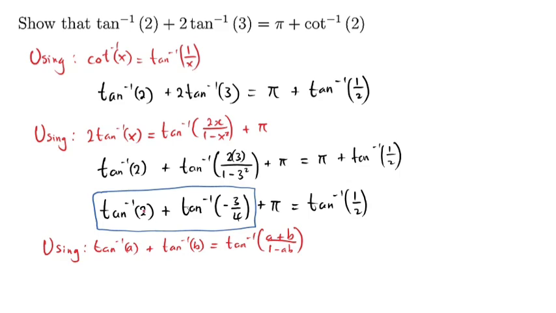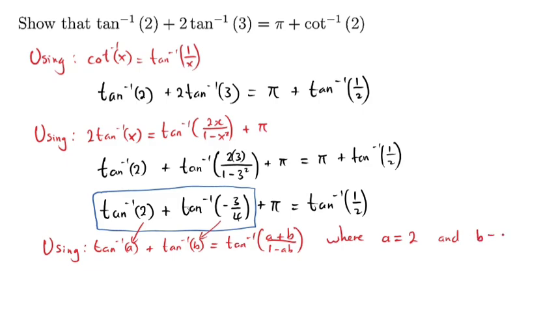Now, if you look at what we have, the first angle there is a 2. So this means that our A is 2, and our B clearly is this part here, which is negative 3 over 4.